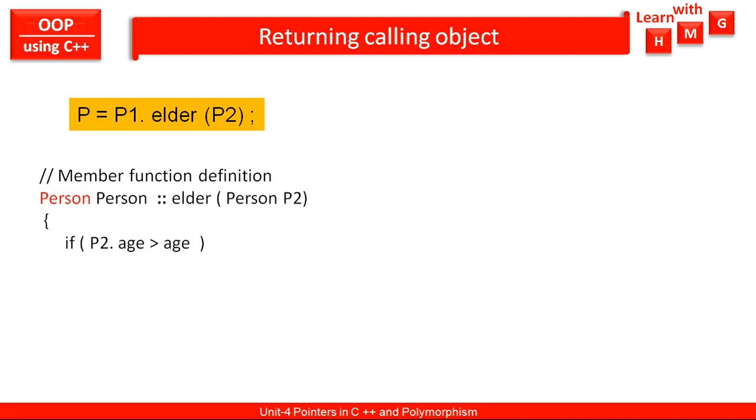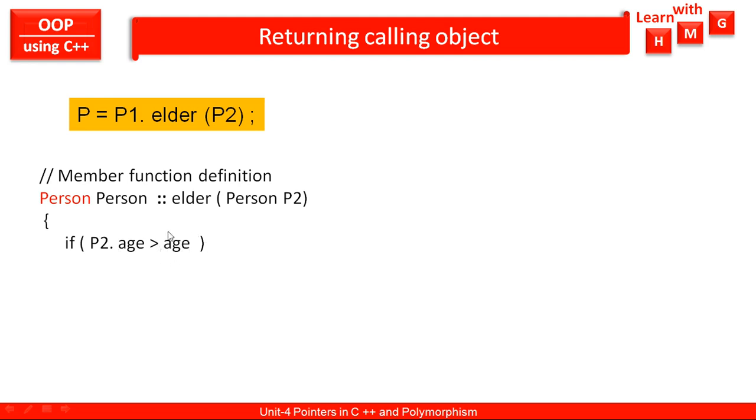Let us see. In the body of this elder function definition, I will compare the age of the P2 object with the age of the calling object. Now if P2 dot age greater than age, here P2 dot age indicates the age data member of the P2 object, and age, only age, indicates the data member of the calling object.